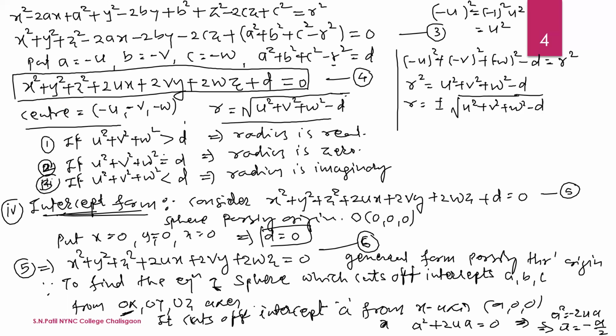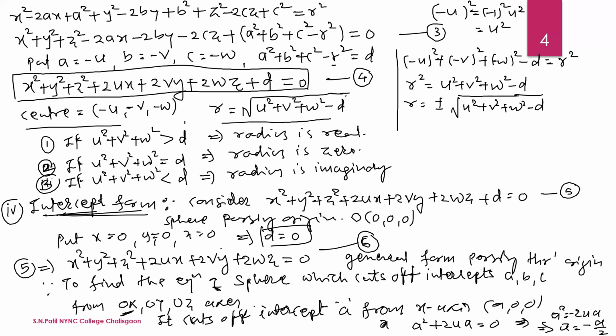Okay, these are some cases: real radius, zero radius, imaginary radius. It depends on whether u square plus v square plus w square is greater than, equal to, or less than d.